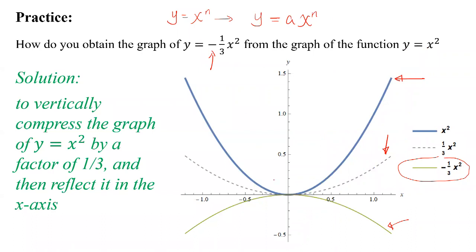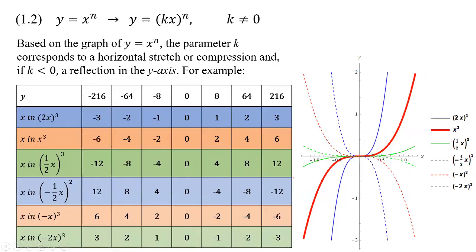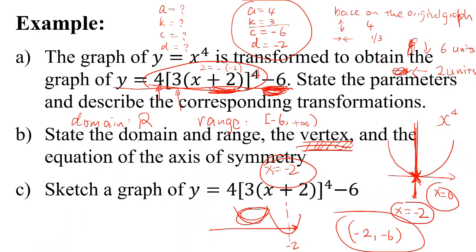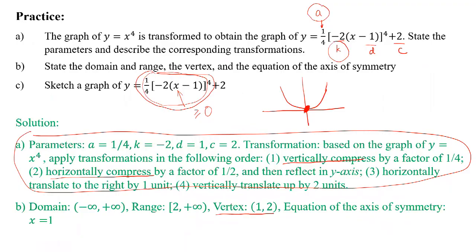When you compress or stretch the function, there is no effect on the vertex. Only horizontal or vertical translation has an impact on the vertex. So the first two transformations have no influence on the vertex. The third transformation has an impact on the vertex.